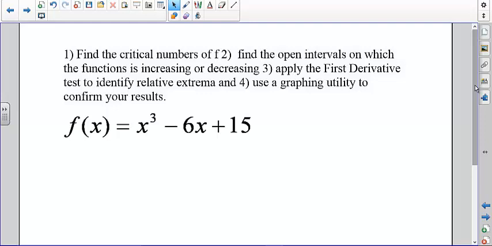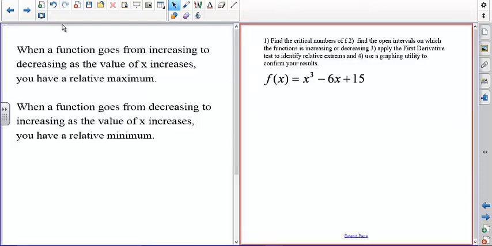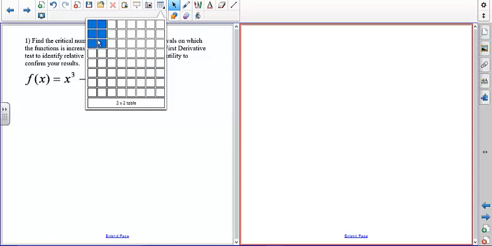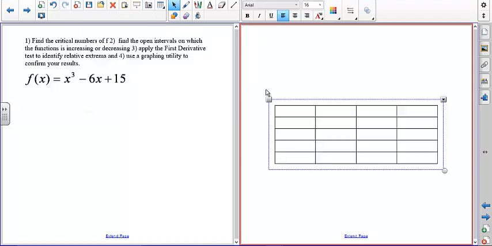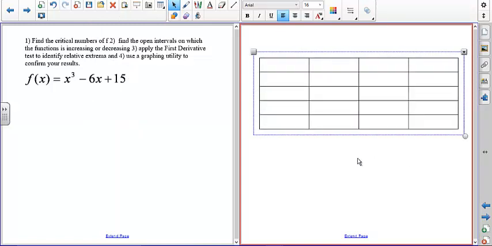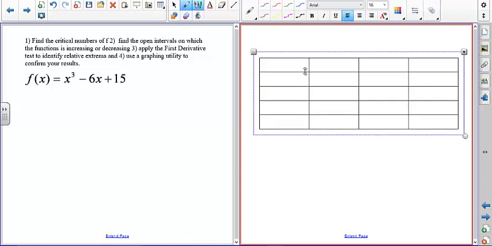We created the table. So you're going to have the same size table as I just used. I'll make it for you here on the page. You're going to need a table that is 5 by 4. I'm not going to put the intervals in there, you can do that. The intervals go here.